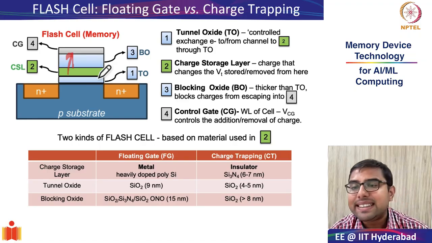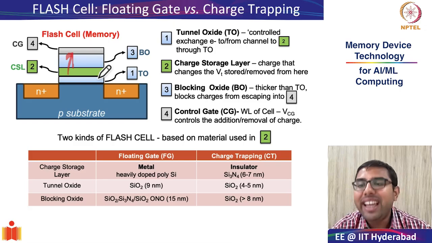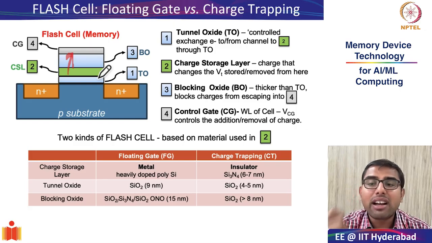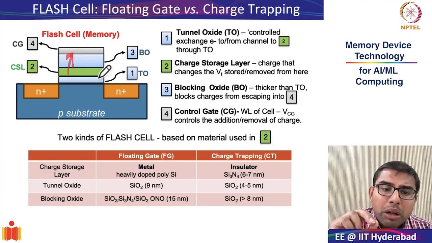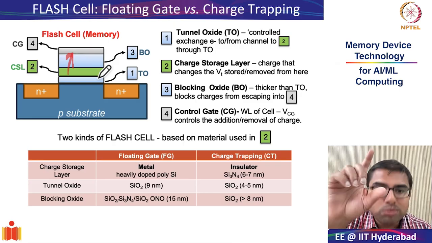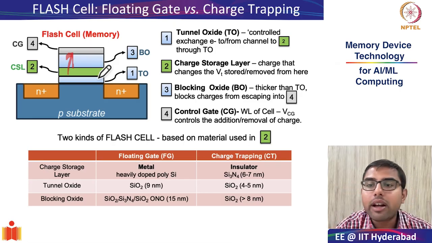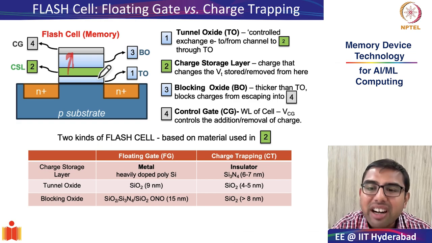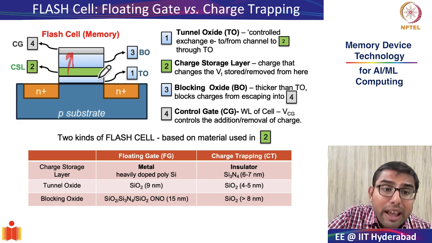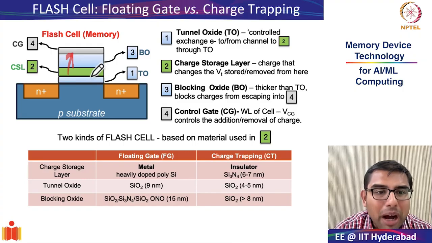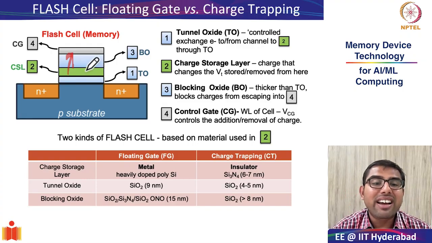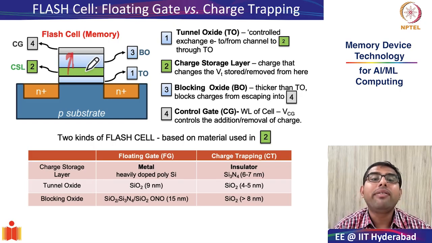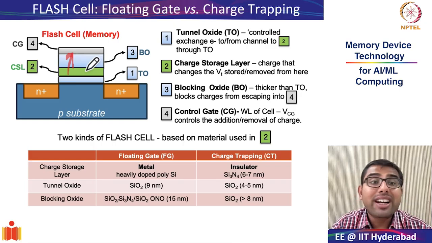This is because this silicon nitride improved the gate capacitance. Why? Because silicon nitride has higher permittivity as compared to SiO2. So because you are going to higher thicknesses to ensure blocking, the silicon nitride gave you a little bit higher gate control. And also, if there are any stray charges that somehow manage to leak out from the charge storage layer, the job of the silicon nitride layer in the blocking oxide was also to try to capture them and store them, so that it doesn't escape from the control gate.